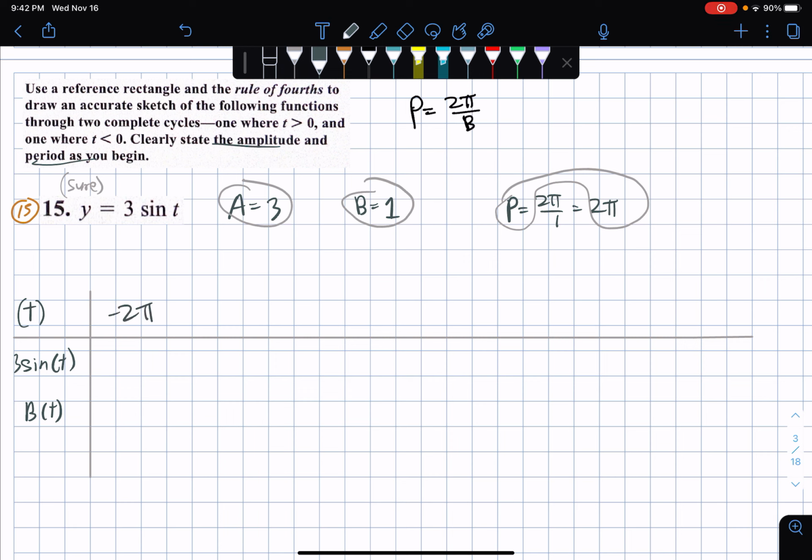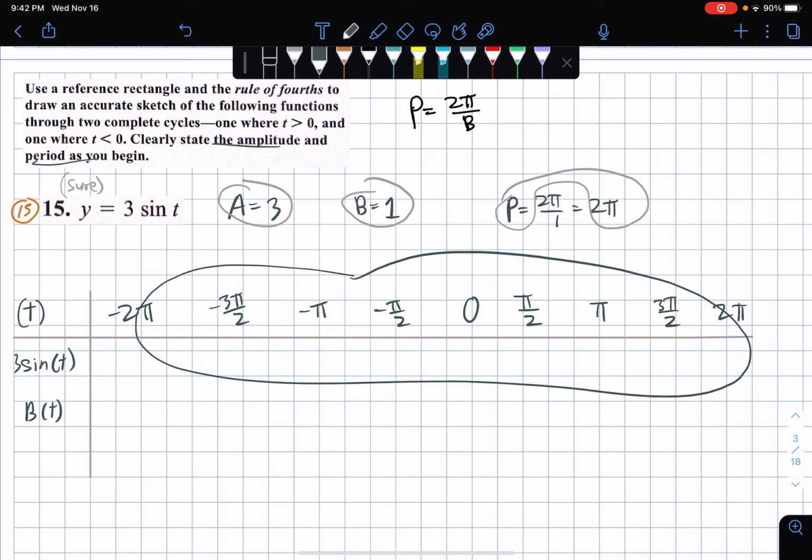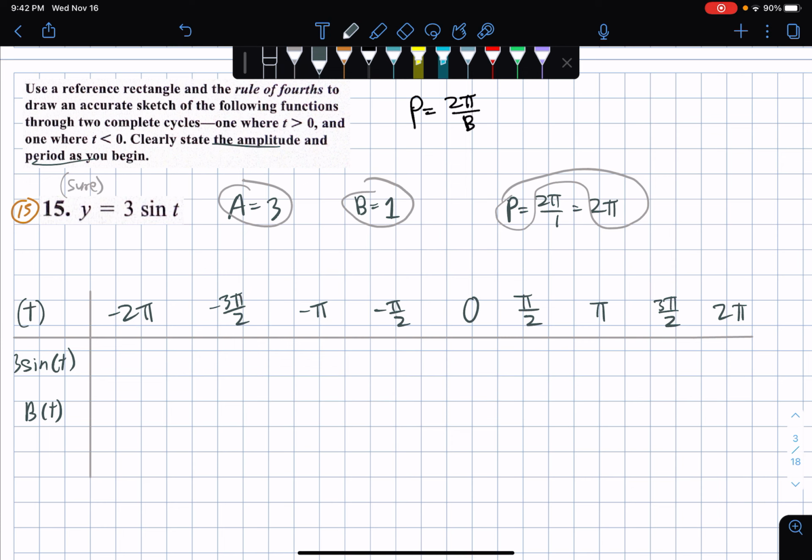Negative 2 pi, negative 3 pi over 2, negative pi over 2, 0, pi over 2, pi, 3 pi over 2, and 2 pi. From negative 360 degrees to positive 360, these are all the values within that element.